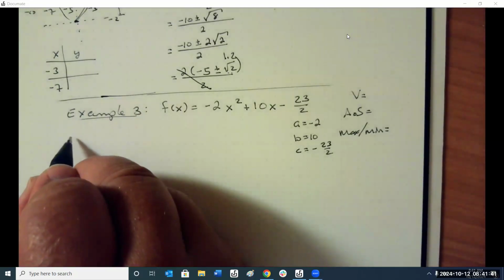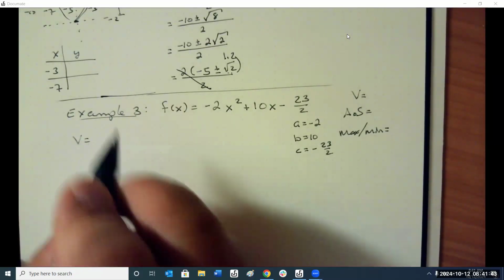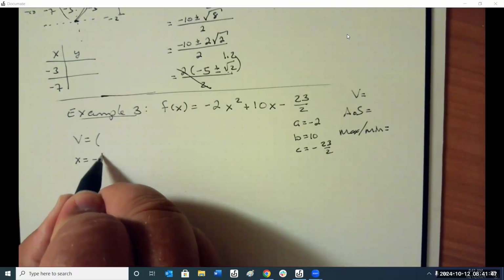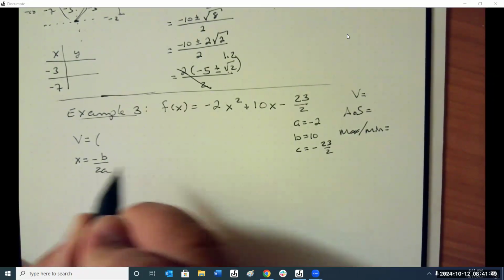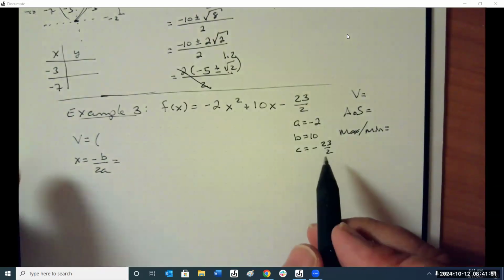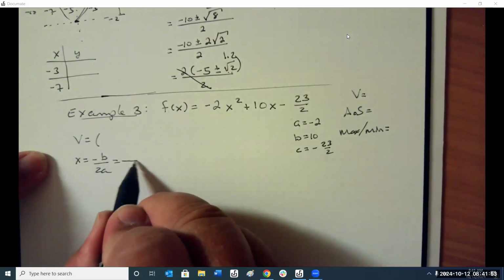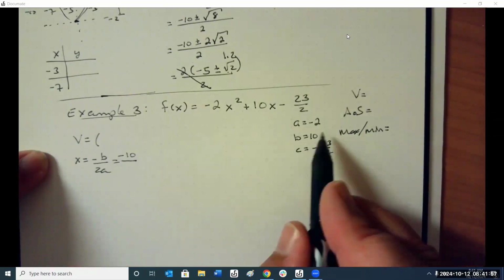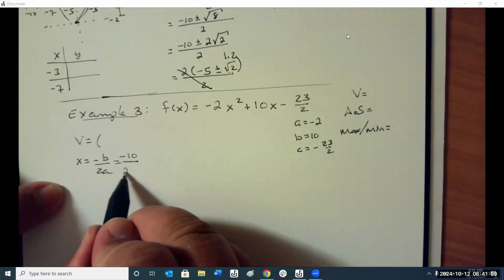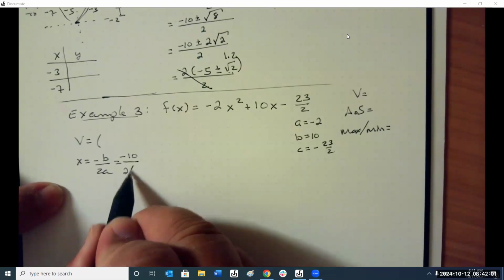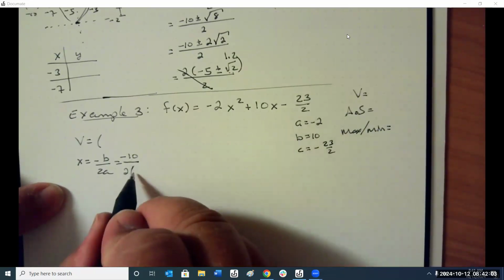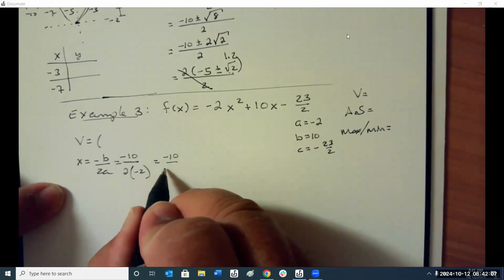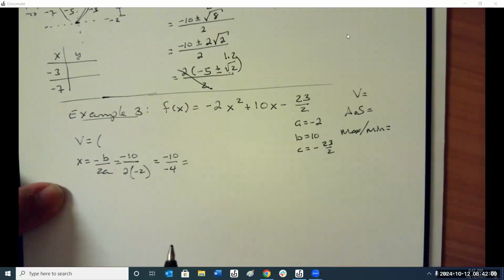of the vertex. The x value of the vertex is at negative b over 2a. So we have negative 10, that's b, over 2 times a. A is negative 2. So we have negative 10 over negative 4.